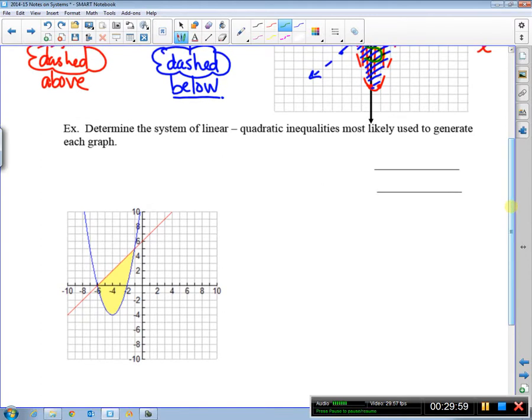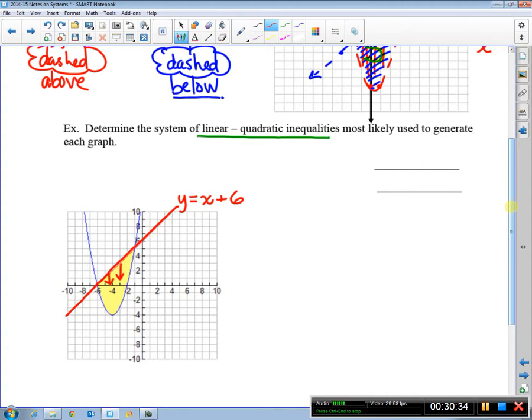And this one's asking us to determine the inequalities that produced this. So let's see what we can do here. The line is actually probably the easiest part. A y-intercept of 6 and a slope of 1. So the line has this equation, and it's shaded below from the line.